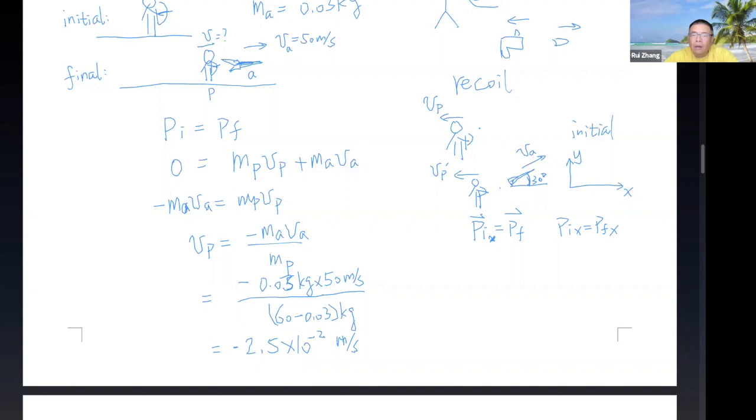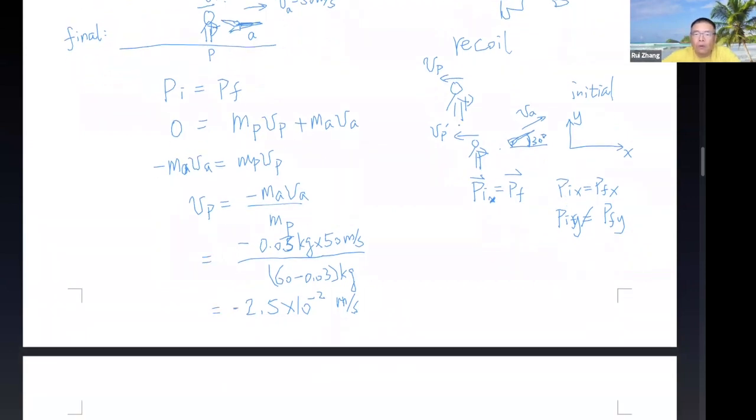If we had momentum conservation, the person would go down into the ground, but that's not happening. The reason is the ground gives a normal force to the person, balancing the person on the ground. So there's an external force given by the ground along the vertical direction. So along the Y direction, PFY does not conserve momentum. Only the X direction conserves momentum, and that's actually what we need.